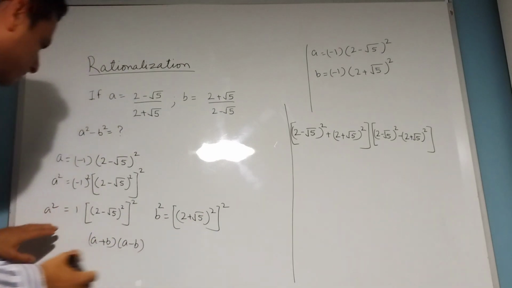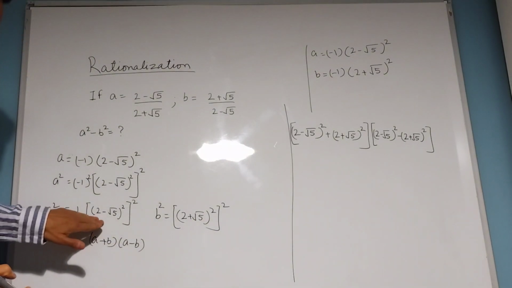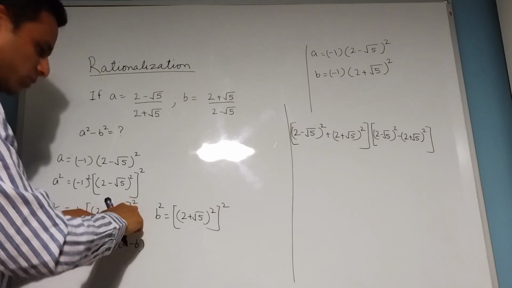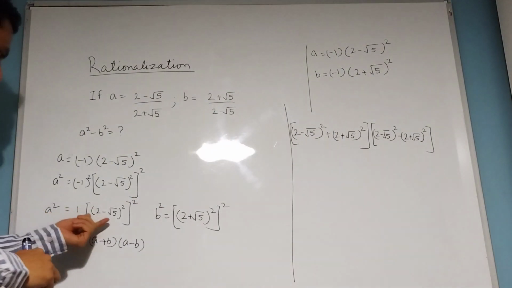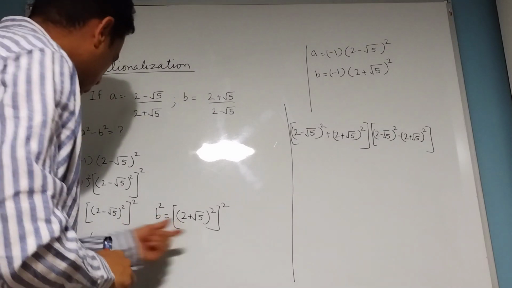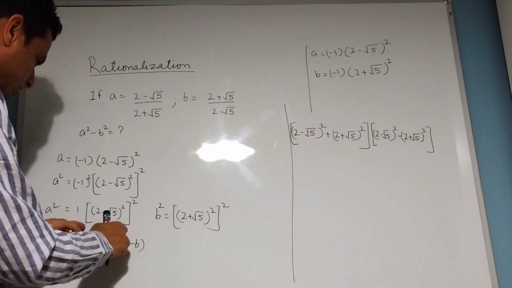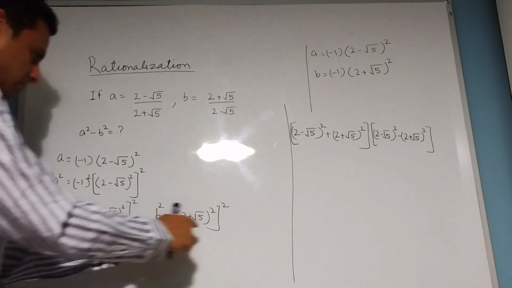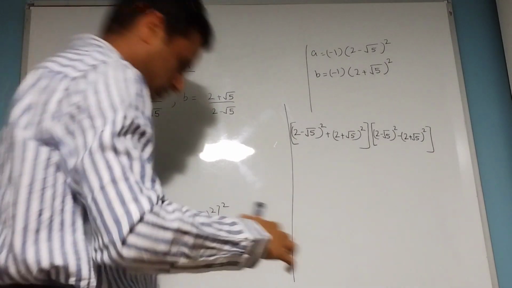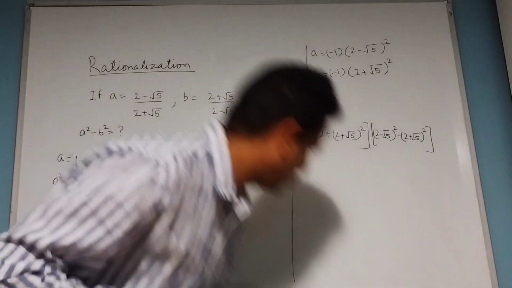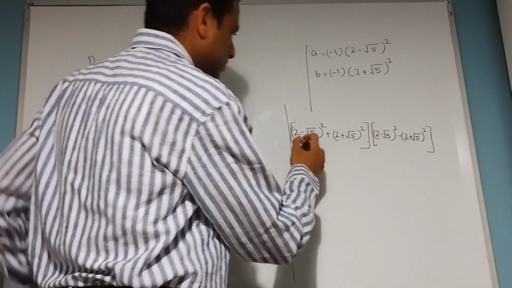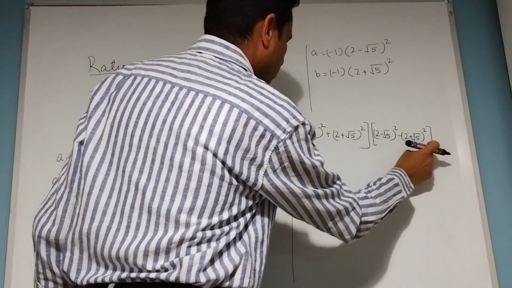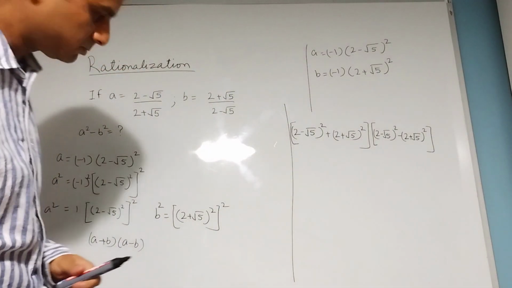We see closely, a square is 2 minus root 5 whole square and then square of everything. So this is my a square. A square minus b square is a plus b times a minus b. So see, this is a plus b, a minus b. Let's solve this part of the equation.